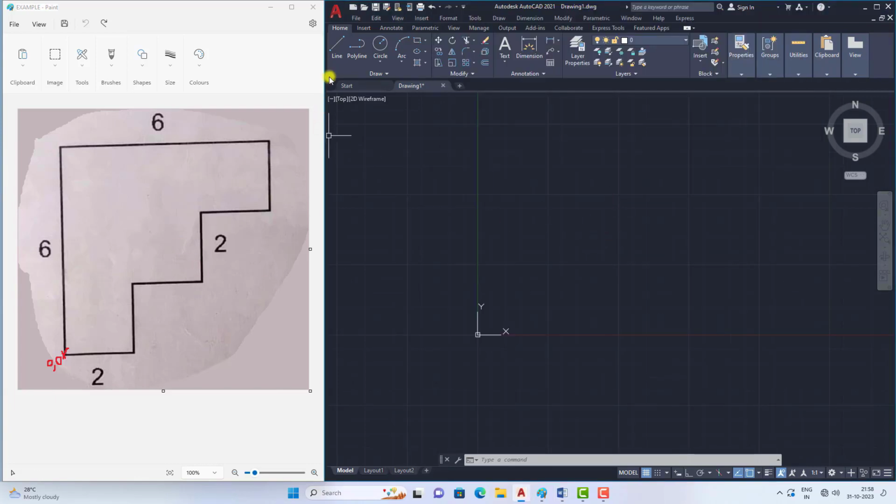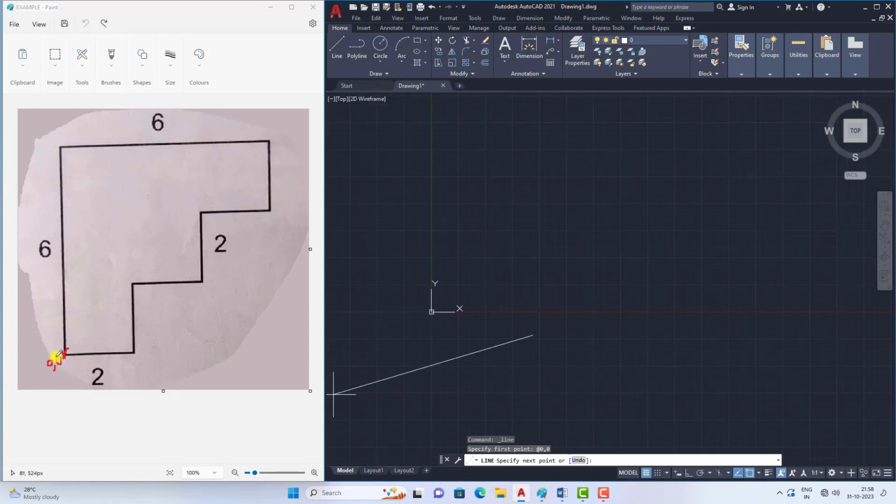So again I am taking the line; we have already set the limits and units, everything. I am giving the first point as @ 0, 0 and pressing enter. See, the point is starting here. This is the origin point in this relative coordinate system. So now this is the previous point.